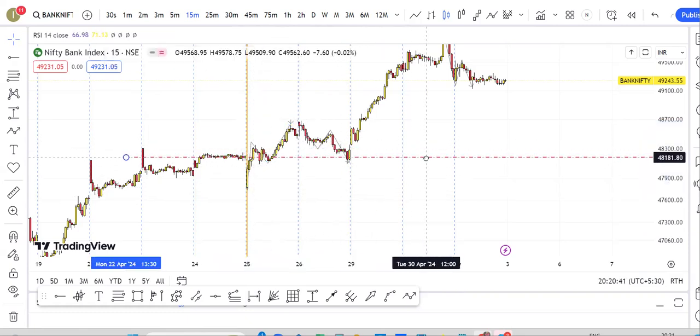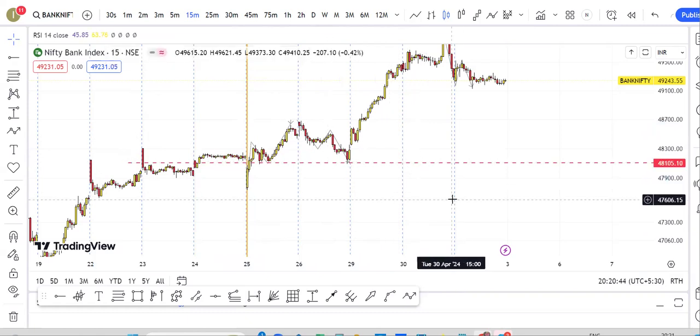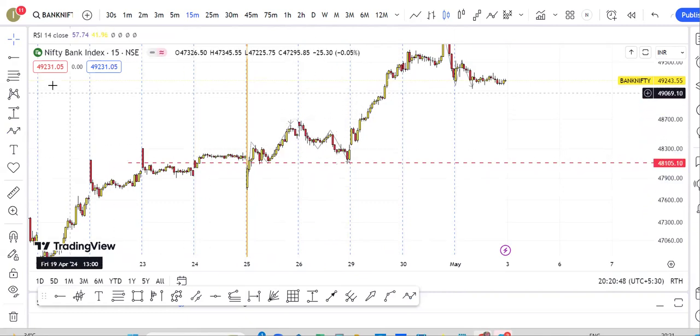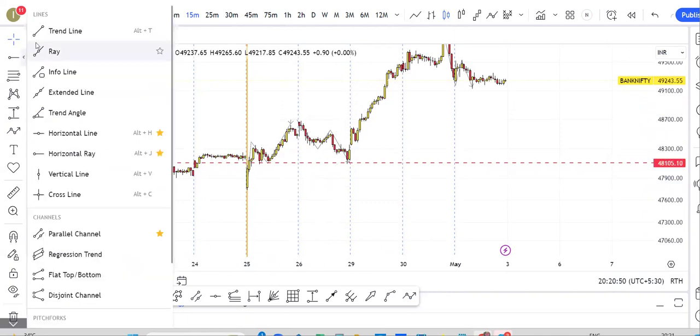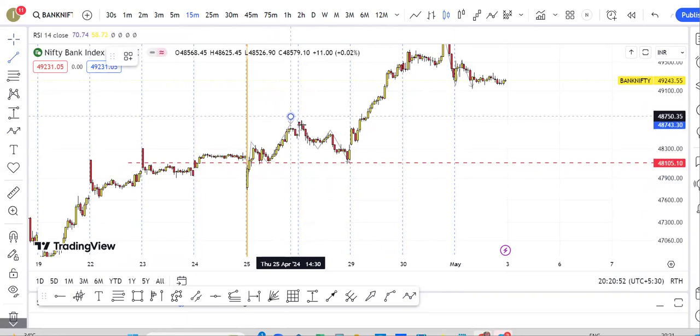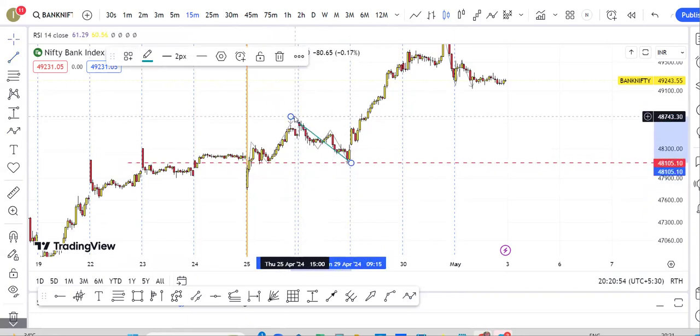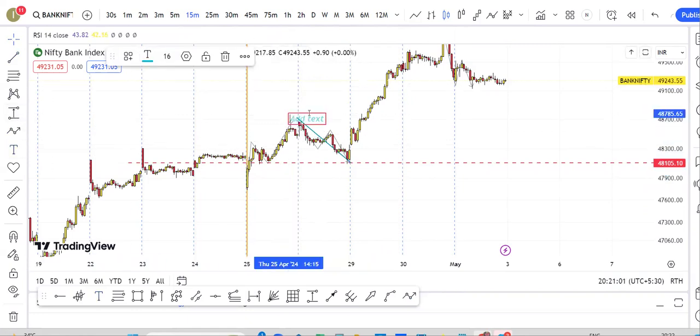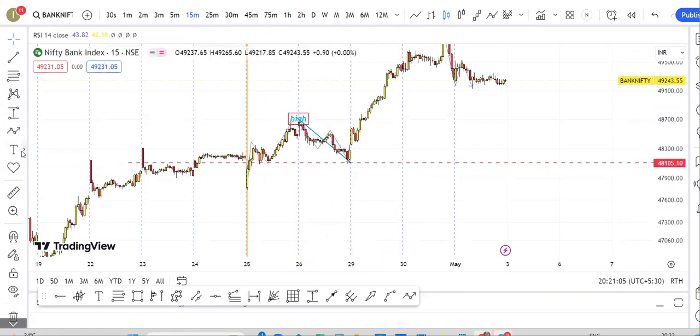It came down here and made an equal low, right? So this was the trend structure. If I take a draw, this is the trend structure. This was the high. Let me mark it as a high. And it is low. Okay.